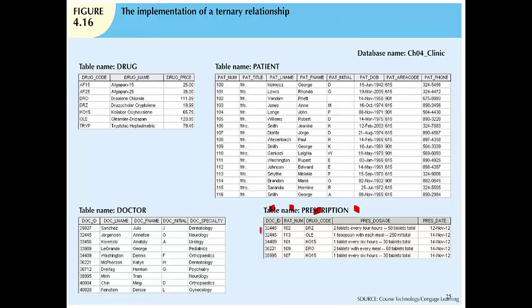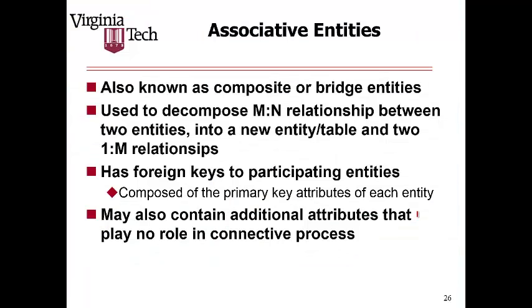Each instance of prescription tells us what doctor wrote a prescription for which patient and what drug that was for. It also tells us the date the prescription was issued and some dosage information. And similar to the many-to-many relationship, where we created a new table and two one-to-many relationships to implement it in a relational database, here we would create a new table and three one-to-many relationships as shown previously.